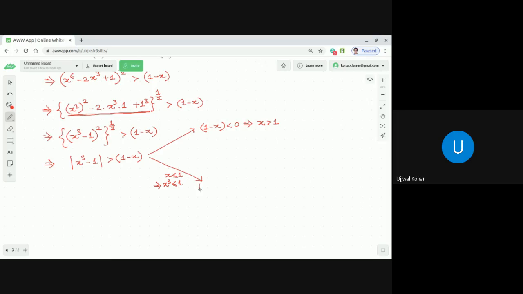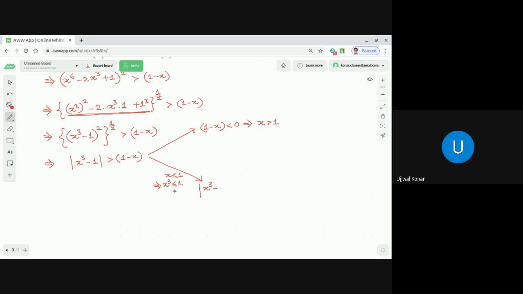This implies mod of x cube minus 1. So from here what can we conclude? We can conclude that the inside, x cube minus 1, is not positive.